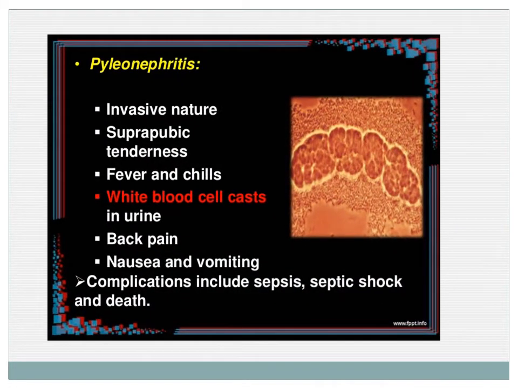Next, you have to know pyelonephritis, which occurs in the upper part. Symptoms include fever and chills, and it is invasive in nature. For confirmation, you can see WBC present in urine, and it may cause back pain.